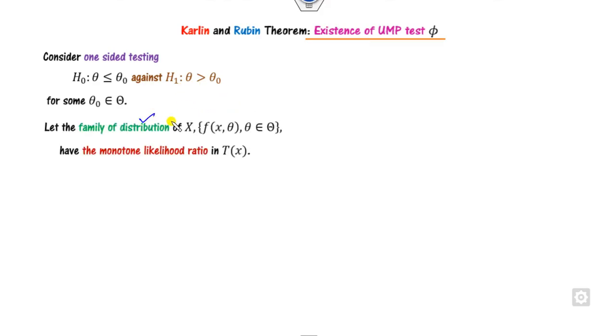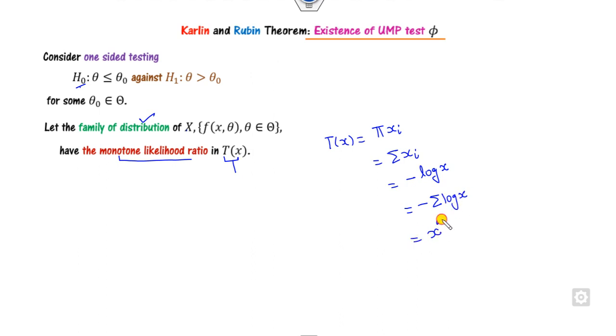Now what is the existence of this UMP test? Once you prove that this is the one tail, and that the corresponding family of distributions under H0 satisfies this monotone likelihood ratio in T of x, where T(x) can be a product of xi's, a sum of xi's, minus the log of xi's, or x raised to the power alpha, any function of this form.